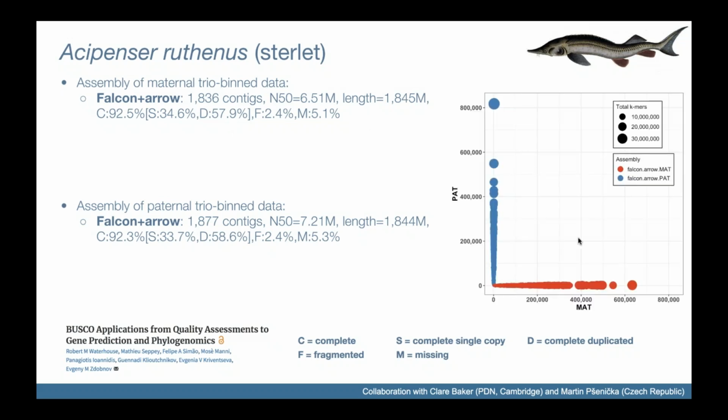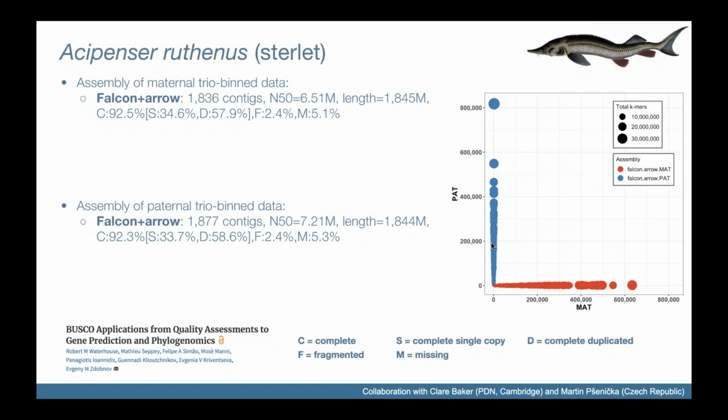And this plot sort of shows that we are separating out the haplotypes as we expect. So here, each blob represents a contig, and the size of the blob is how many k-mers are in that contig, so it's roughly proportional to the size of the contig.